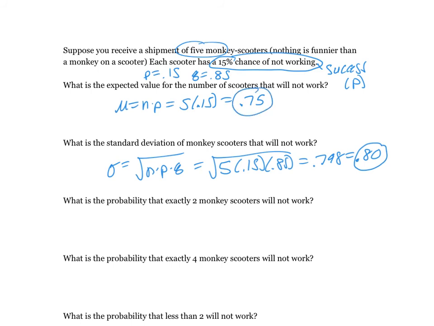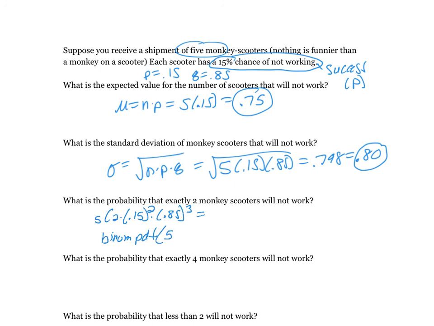What is the probability that exactly 2 monkey scooters won't work? Well, we can do this 2 ways. We could either do 5C2, the chance of a scooter not working is 15%, and I want 2 of those, and the chance of it working is 85%, and I'd have 3 of those. I could do that. Or we could use the shortcut, which is binomial PDF.